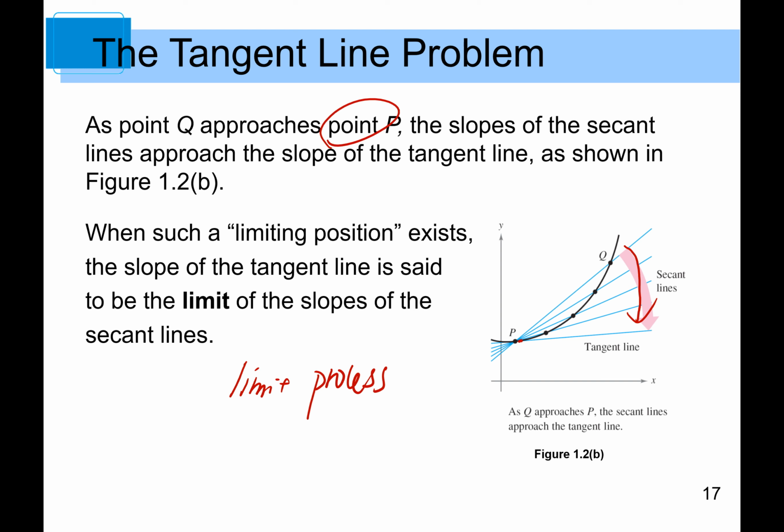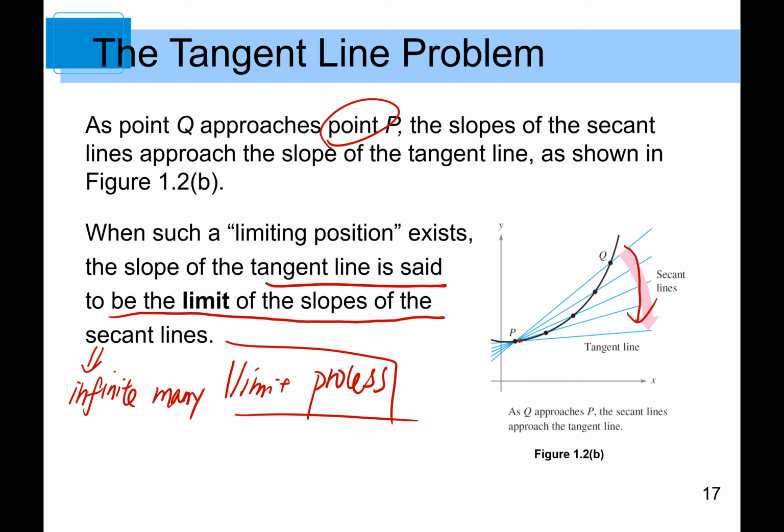Okay. So the tangent line is actually said to be the limit of the slope of all the secant lines, and then we have infinitely many secant lines. So this is the first time we're using limit to define the tangent line.